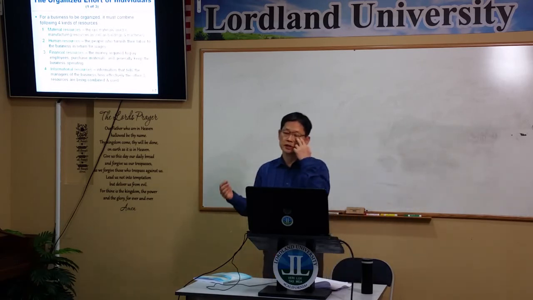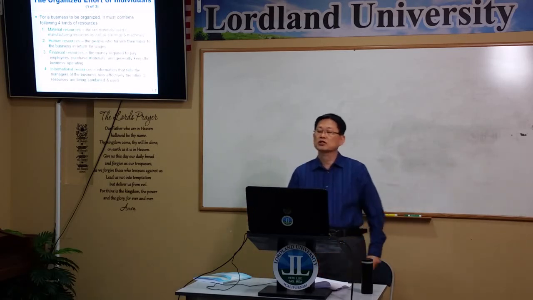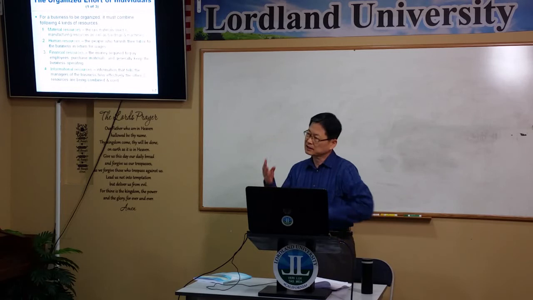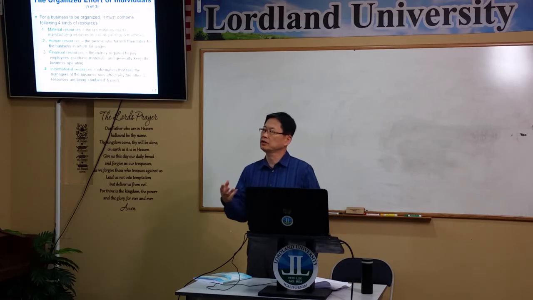Material resources are defined as raw material. There are 3 types of inventory: raw material inventory, work in process inventory, and finished goods inventory. Okay?